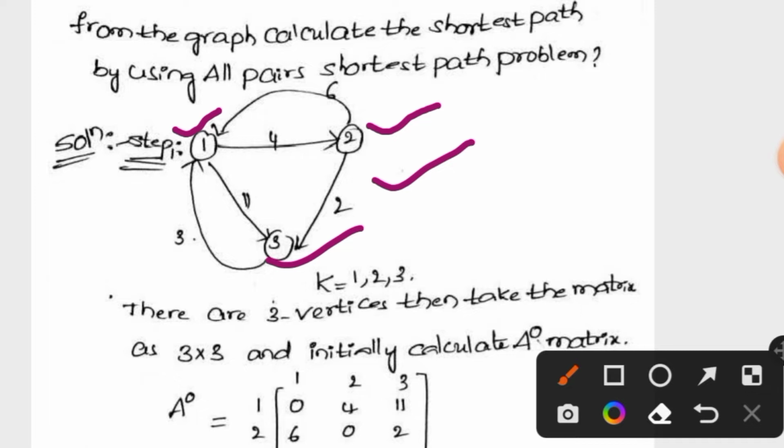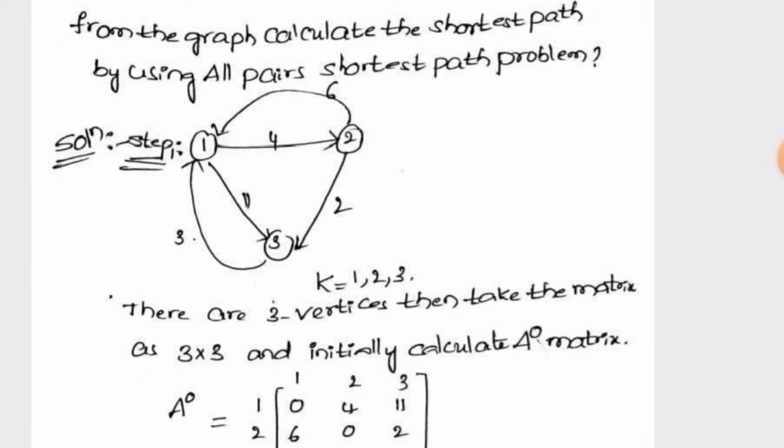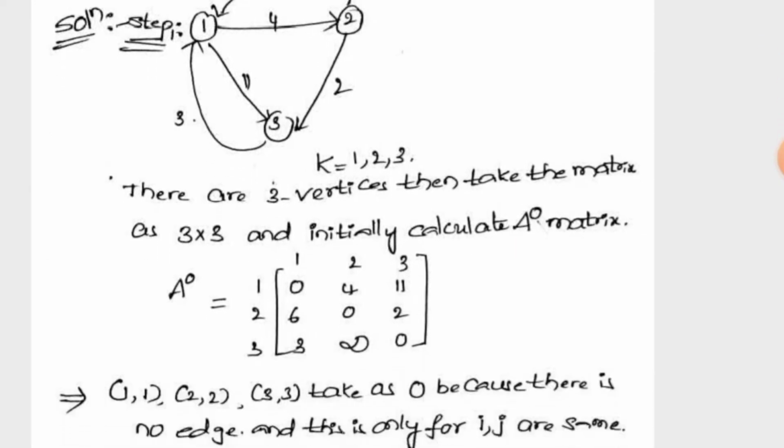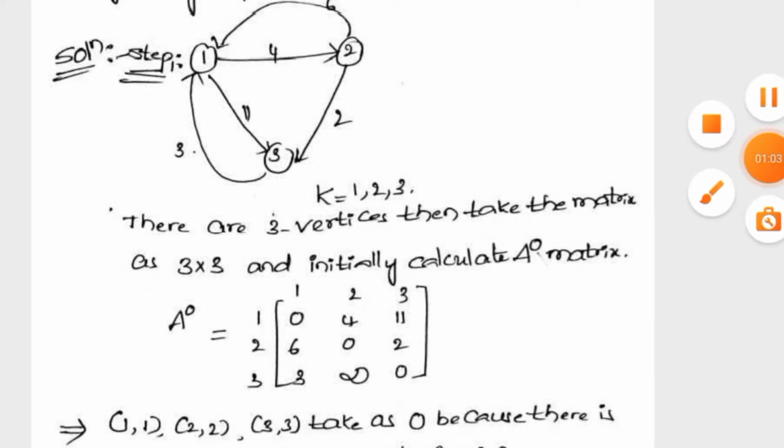So, with three vertices, we have to take a 3 by 3 matrix. Initially from the graph we have to write the first matrix, that is the A power 0 matrix. See here how we have to write the A power 0 matrix.